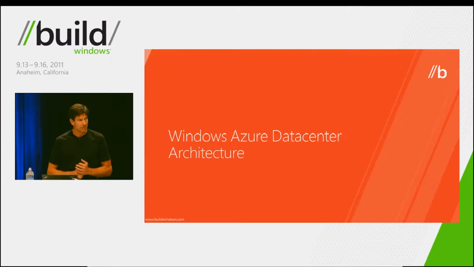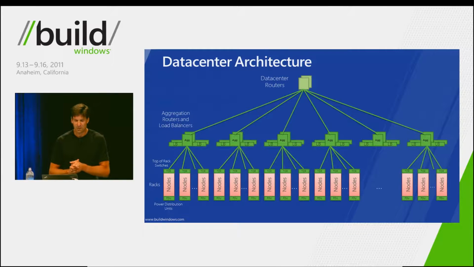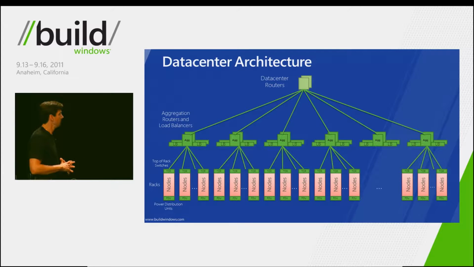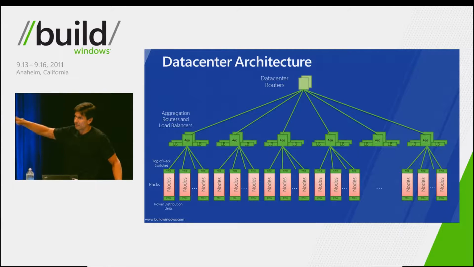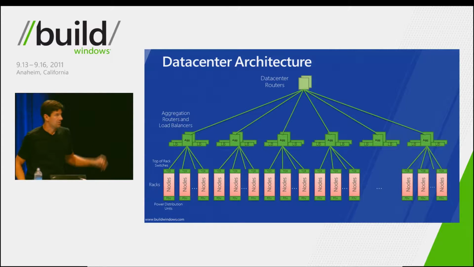So first, starting with data center architecture, this is a sketch of the Windows Azure data center architecture. If you've got your own data center on premises, your data center probably looks a lot like this. The differences between this and what you might have is that this is very homogeneous. We've got very little variation in terms of hardware up at the switch and the router level, at the load balancer level, the aggregator level.